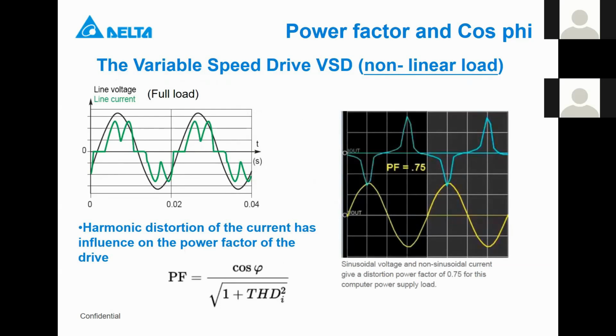At the right, you see the current of a one-phase inverter. That's even less like a sine wave. In this case, the power factor is not the same as the cosinus phi anymore. The power factor is influenced by the harmonic distortion of the current, the THDI.